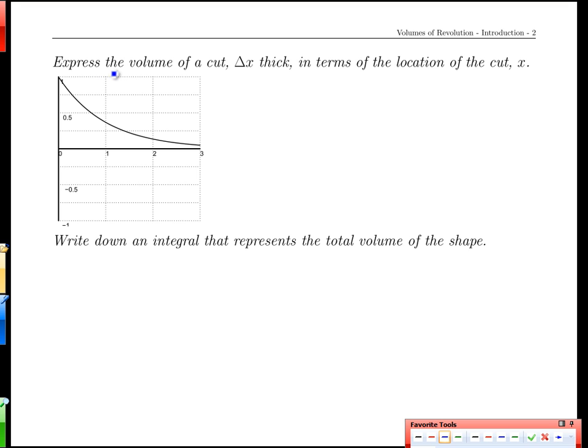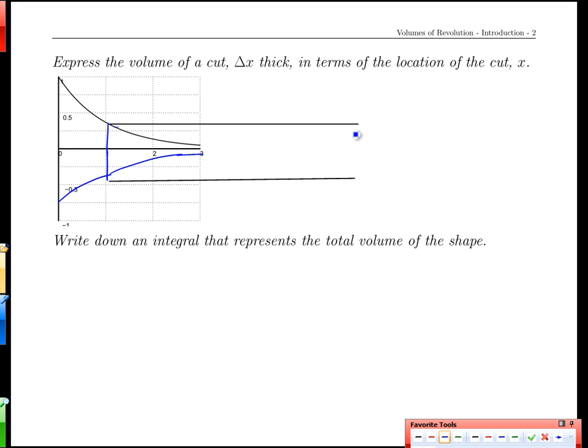Okay, so we've decided our first thing: how we are going to slice this shape. The next question is, what is the volume of a generic slice? So let's imagine cutting here, and we're spinning this, so we're going to have a shape like this. If we slice here, let's bring this out a little better.